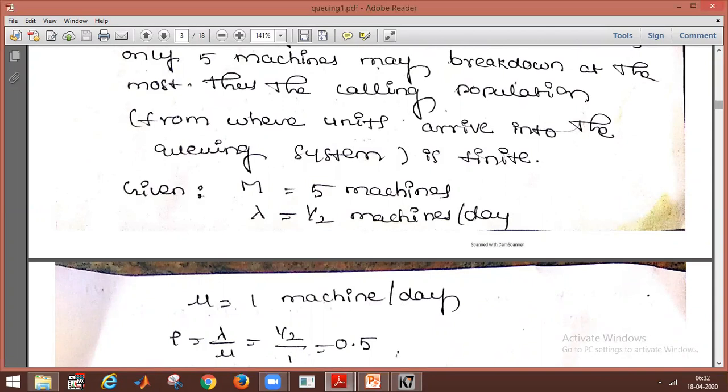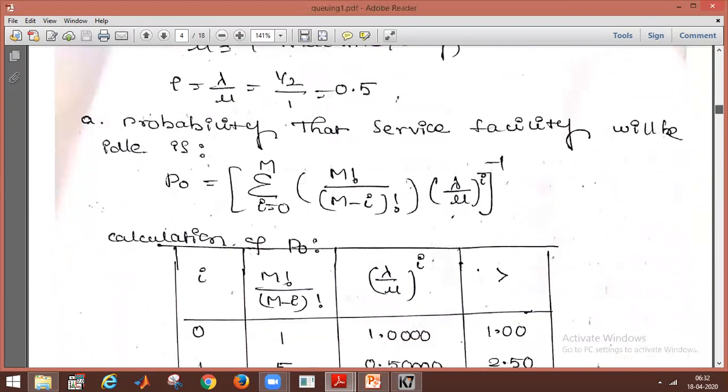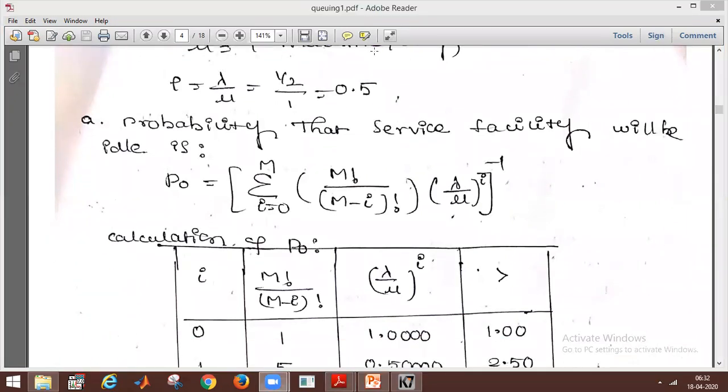Here we have to calculate rho. The formula is rho is lambda by mu. Substituting the lambda and mu values, we get 0.5.